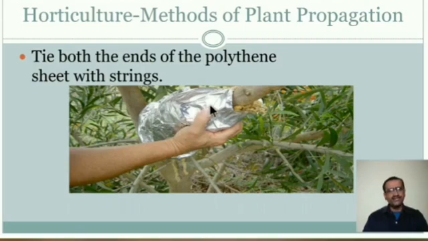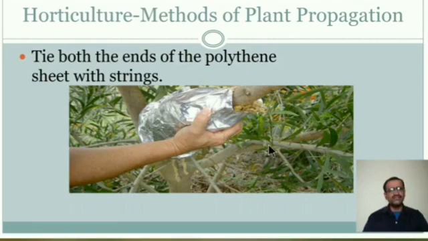At that time remove the polythene sheet and the moss, and the root system is shown here. At that time this branch can be cut from the basal side of the root. Okay, and that new branch can be sown into the soil as a new plant. From that, the new plant arises.